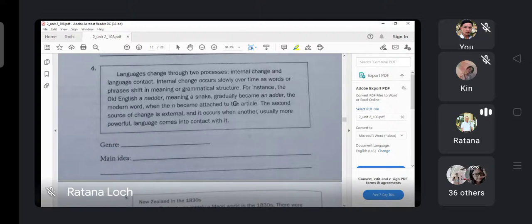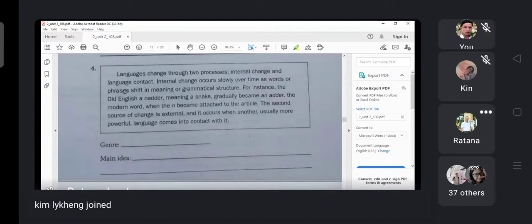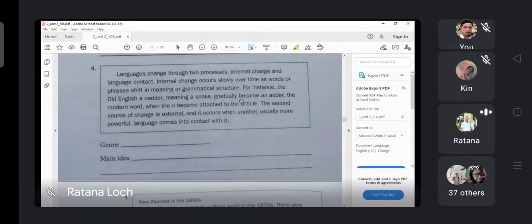Internal change occurs slowly, so you can see internal change and language context is the main idea, and then in the next sentence they explain, right? What internal change is, for example. Yes, correct. Academic writing, and internal change and language context is the main idea.